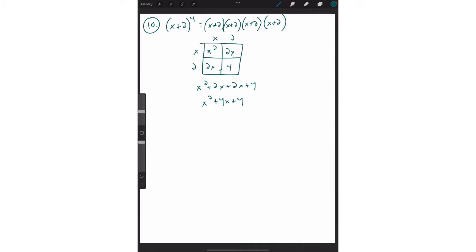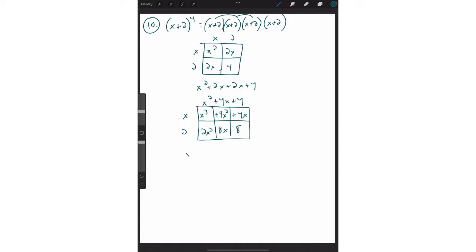All right, then let's say I have to multiply. So we multiplied this times this. Now we have to multiply it by another x squared. So let's just say x squared. All right, and I'll draw my box now. And I'll say x to the third plus 4x squared plus 4x. And then 2 times x squared gives me 2x squared. I get 8x, and I get 8.